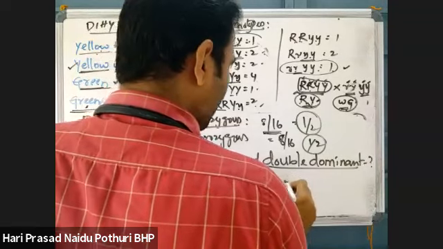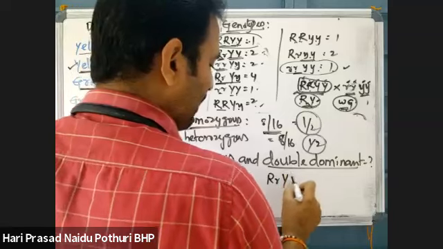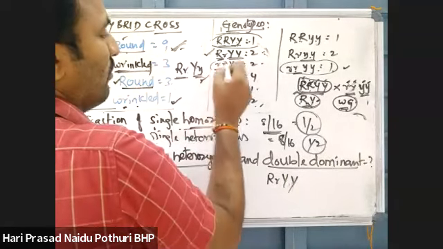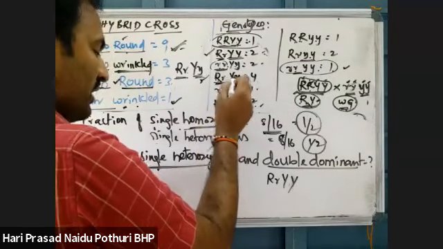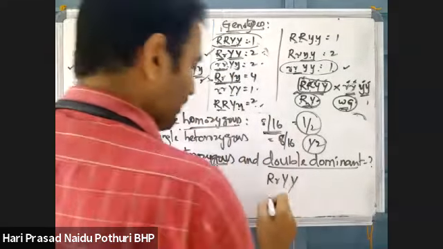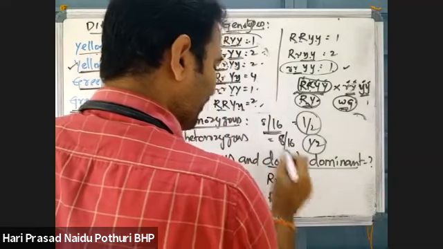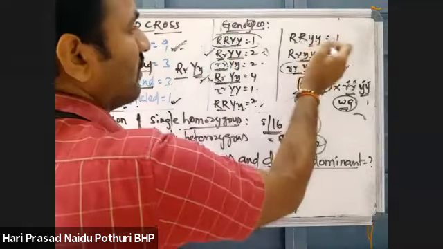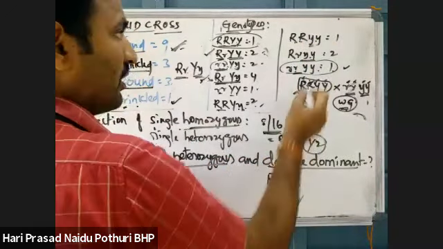Both dominant means this one, capital R, small r, capital Y, capital Y. This is not both dominant. Don't take this. But these are dominant, but it is double heterozygous. Don't take this. This one, capital R, capital Y, small y. This one, okay. This is not double dominant.